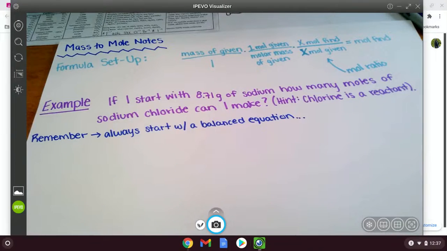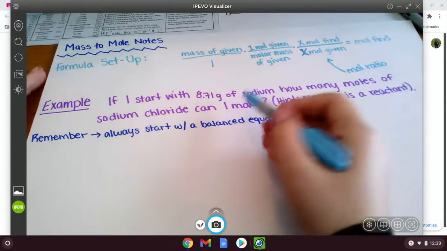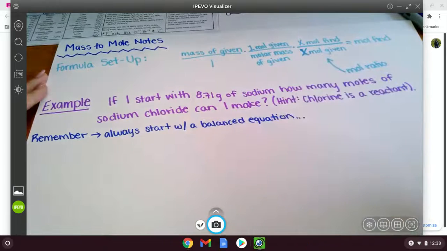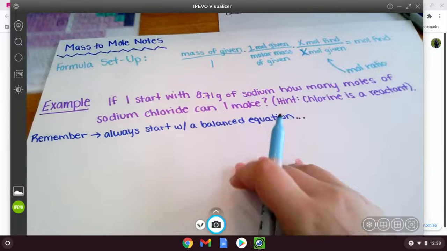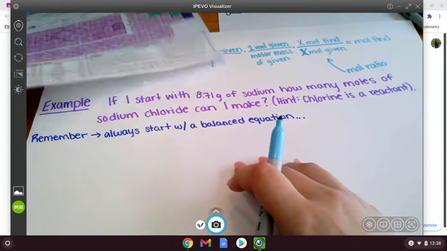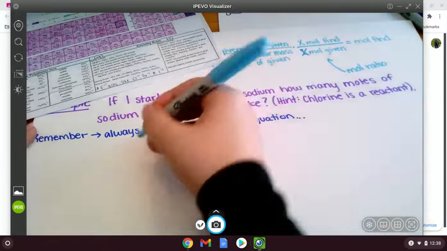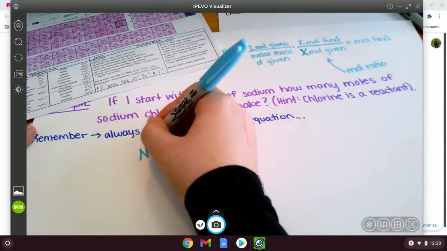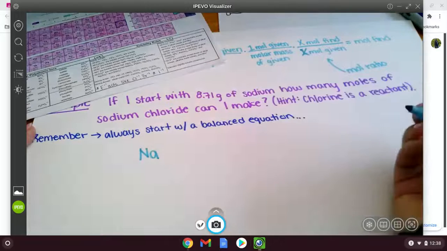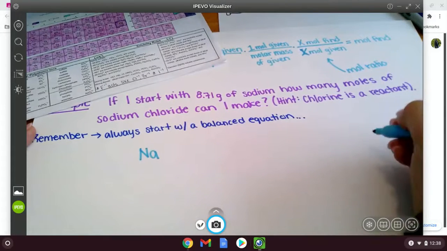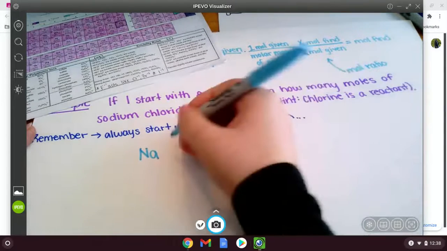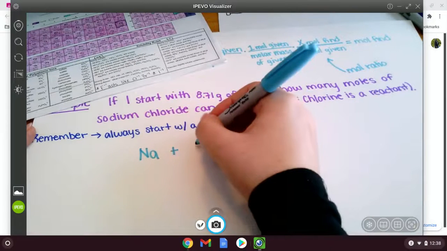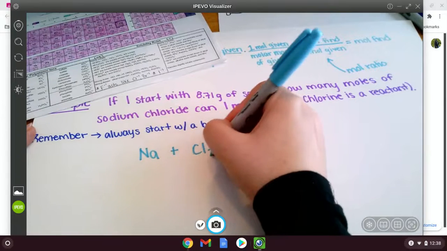Remember, we always need to start with a balanced equation, okay? So I know that I'm starting with sodium. So sodium's symbol, and I'm going to use my periodic table for this, is Na. And my hint says chlorine is also a reactant. So it's going to be Na plus Cl2.